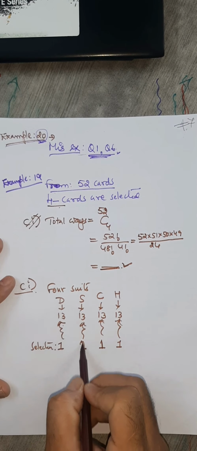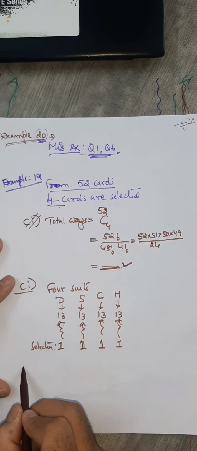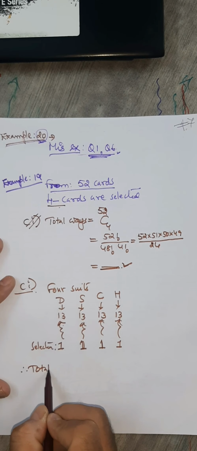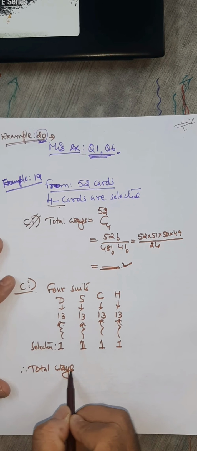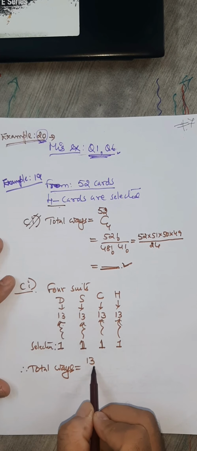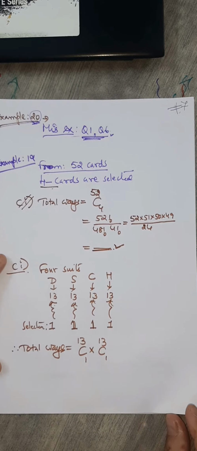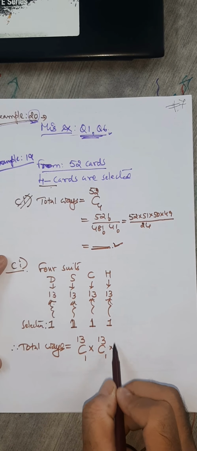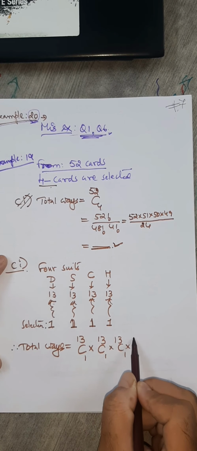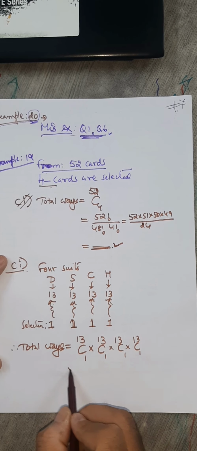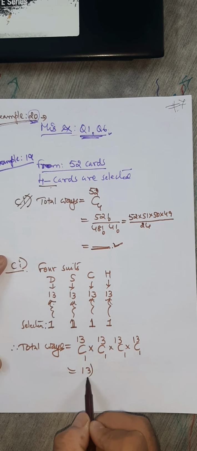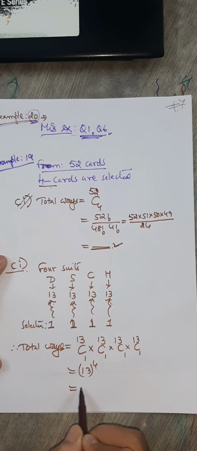These and this and this and this. So total ways equals to here 13C1 and into, you know, and means into. जब भी आप and बोला आपको into लिखना है. And 13 from 1 from this and 1 from 13. So it's just 13 raised to 4.